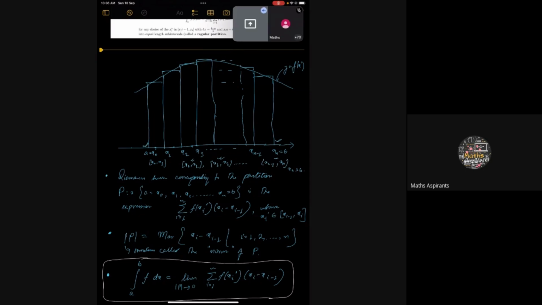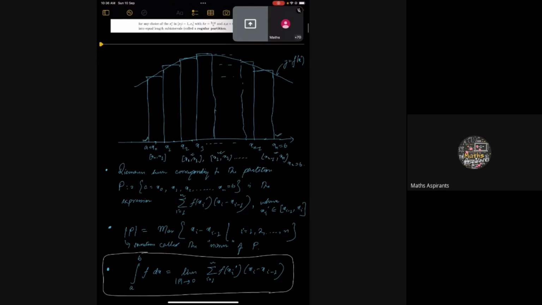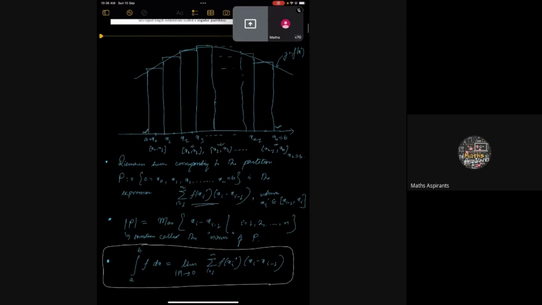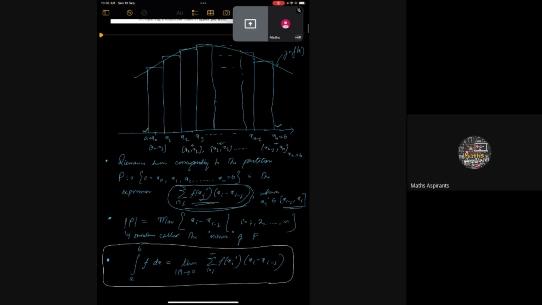So we get an expression like this: the sum of all the function values times the length of each subinterval. These xi's are taken from each subinterval.